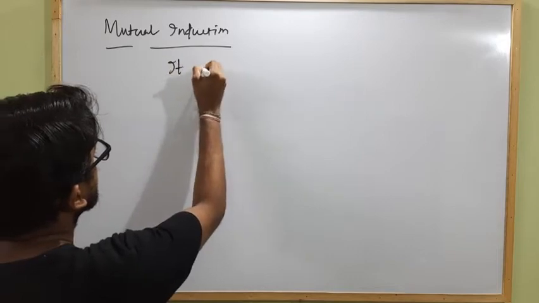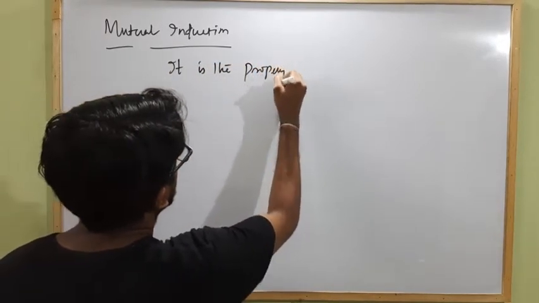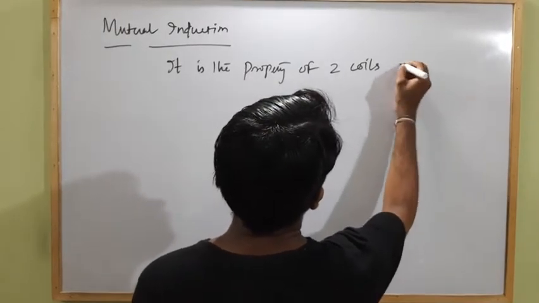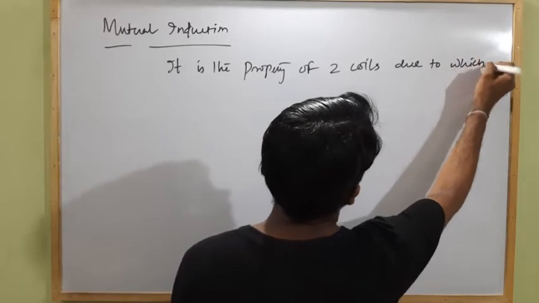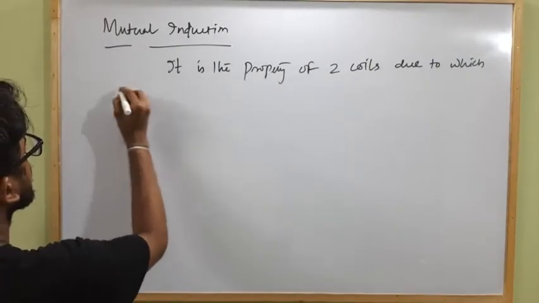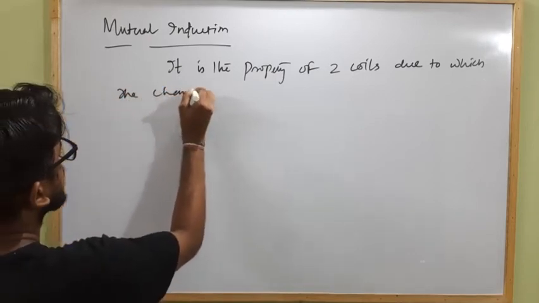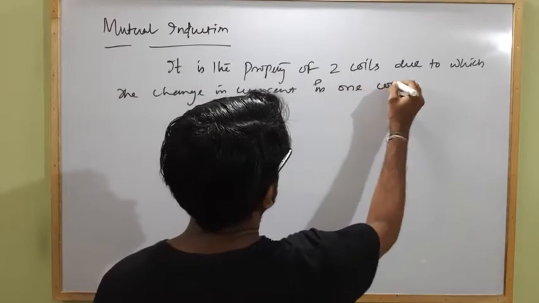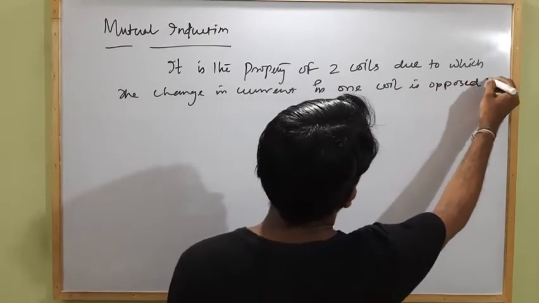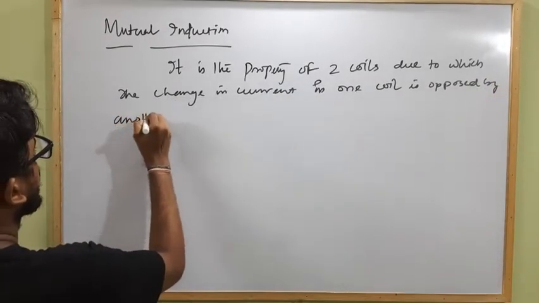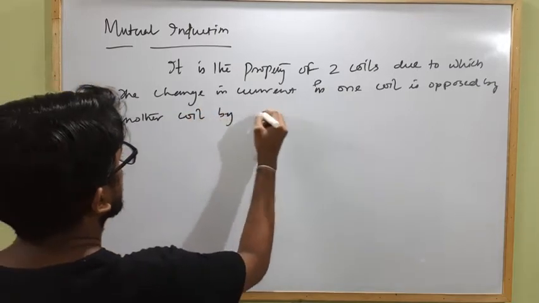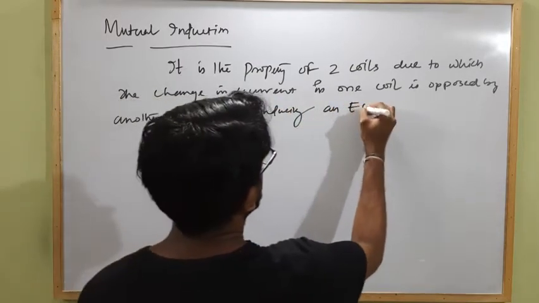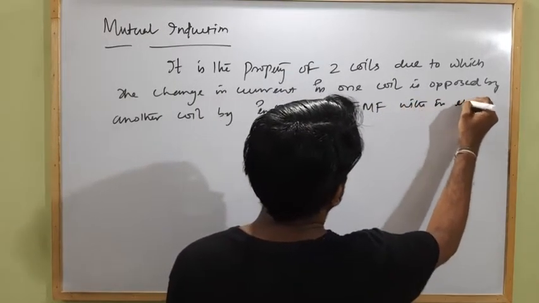It is the property of two coils due to which the change in current in one coil is opposed by another coil by inducing an EMF within it.